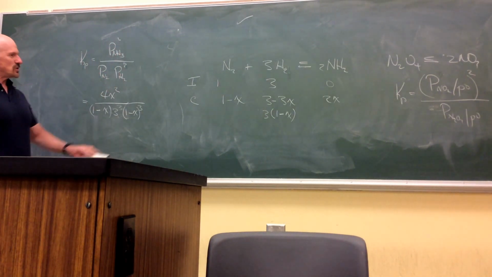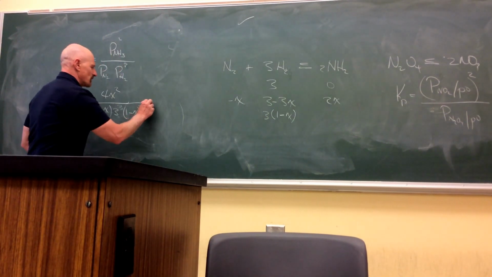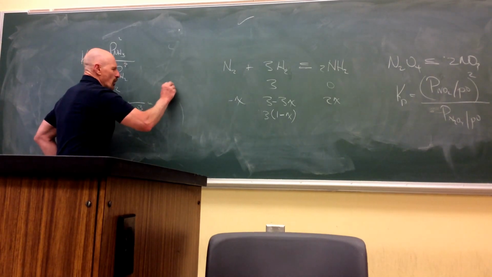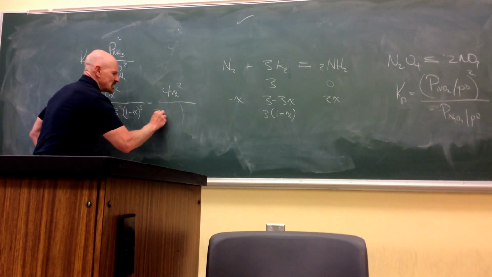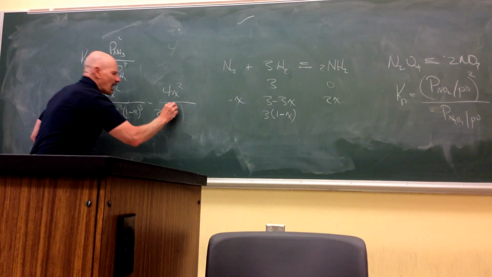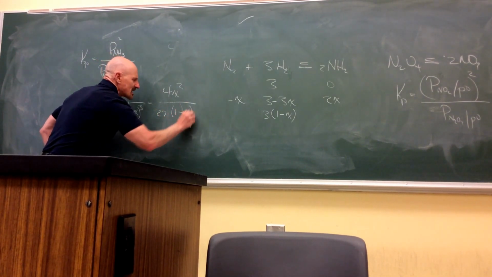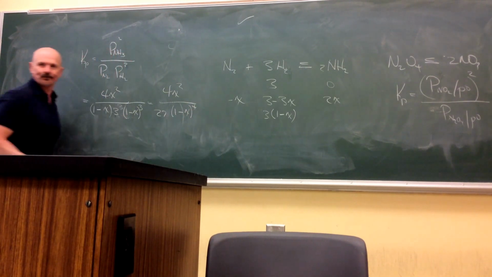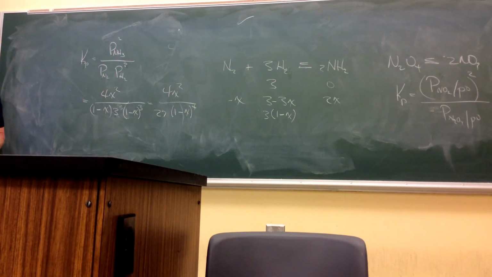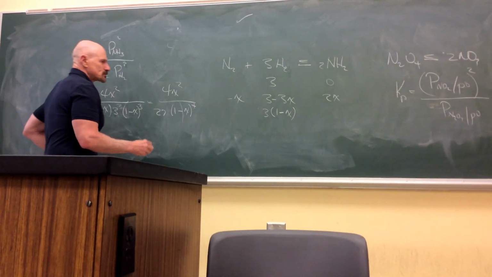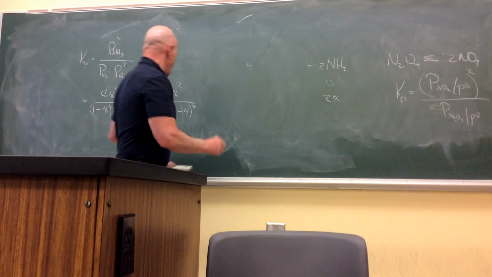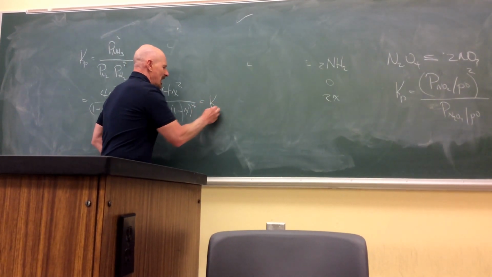What that gives you when you do this is the following. You get 4x squared over 27 times 1 minus x to the 4th. That makes it a perfect square. The way you'll solve this is, of course, this is equal to Kp.